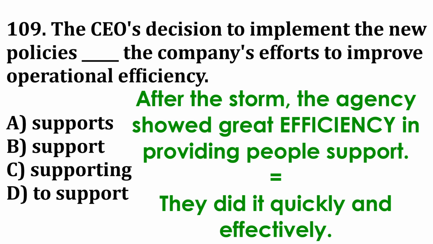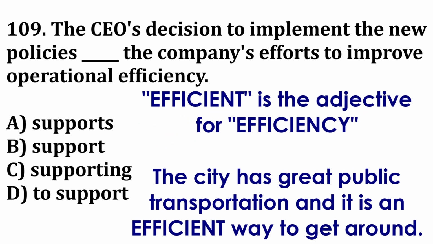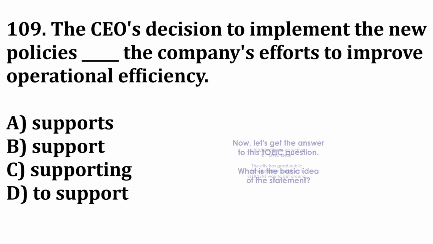An example, after the storm, the agency showed great efficiency in providing support to the people. So they showed they could do it quickly and effectively. Now, the adjective for efficiency is efficient. So you might hear the city has great public transportation and it is an efficient way to get around the city. So it is fast and effective.